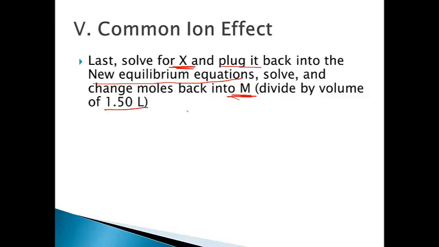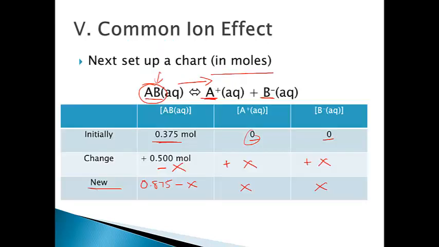The KEQ was equal to the concentration of the products, A plus times B minus, over the reactants, AB. Okay. We go back and look. What does it say? AB is 0.875 minus X. A is X. Concentration of B is X.